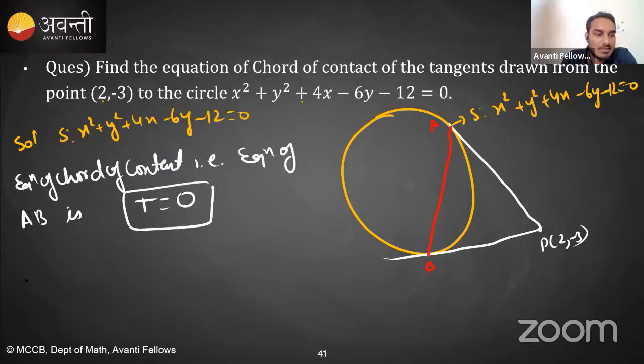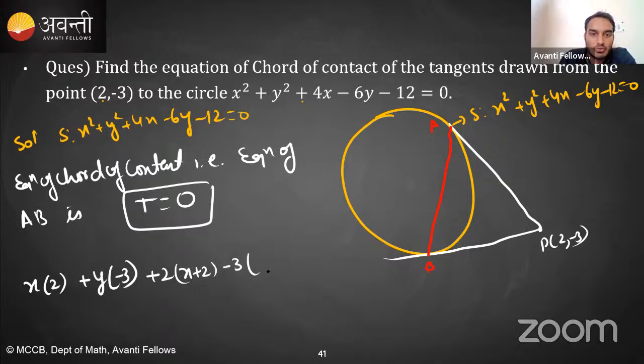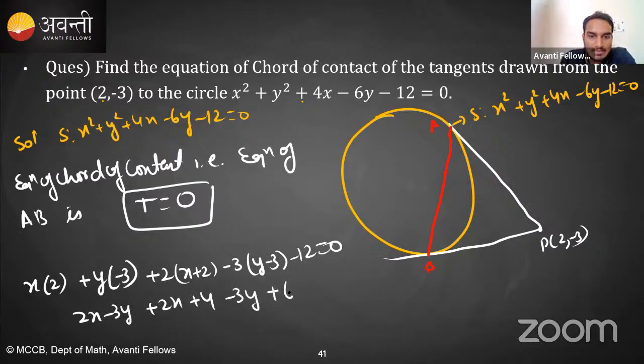on the circle and write down the equation of tangent: x x1 plus y y1 plus 2 times (x plus x1) minus 3 times (y plus y1) minus 12 is equal to 0. That gives 2x minus 3y plus 2x plus 4 minus 3y plus 6 minus 12 is equal to 0.